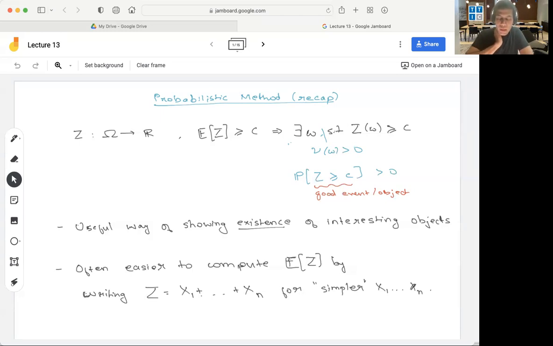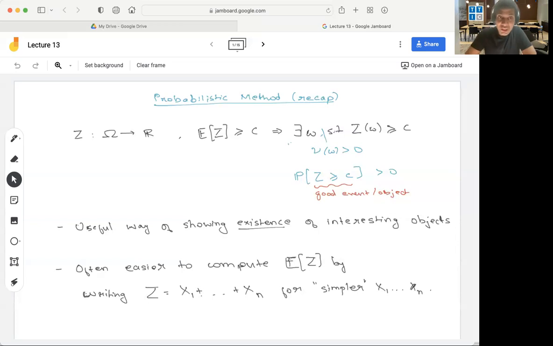There have been many objects, like really good codes, or really nice kinds of graphs, for which it took decades between when we could just show that they exist and when we could actually find or construct them, to give some sort of a constructive proof.